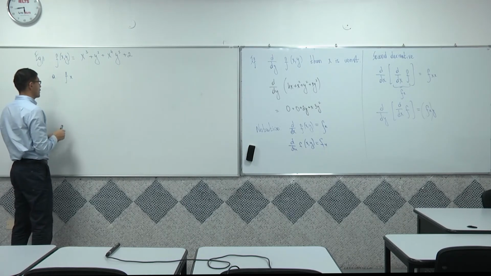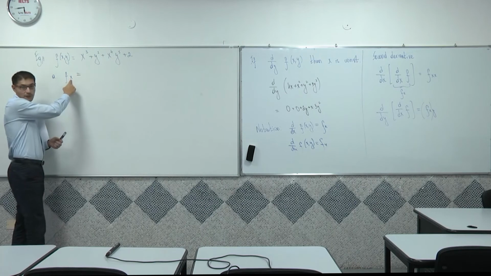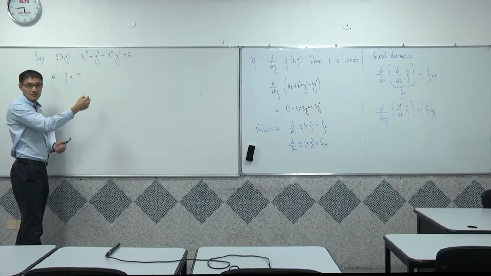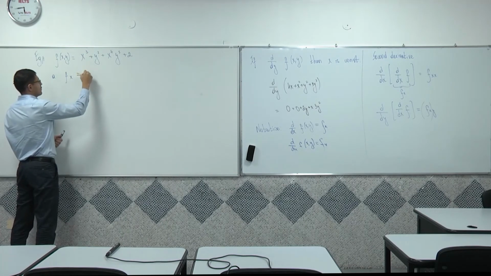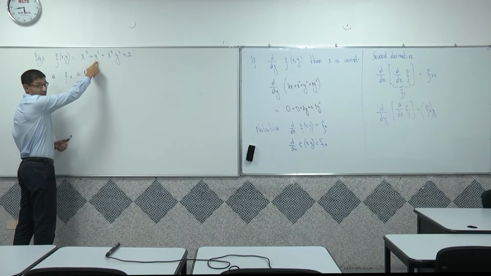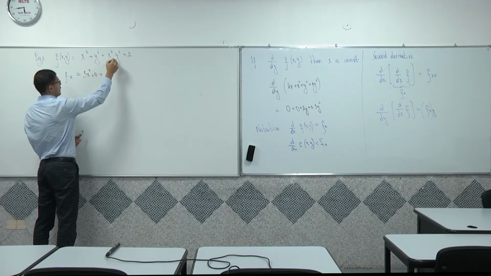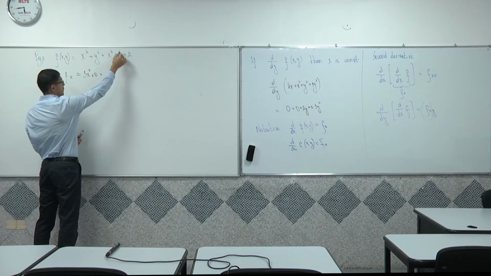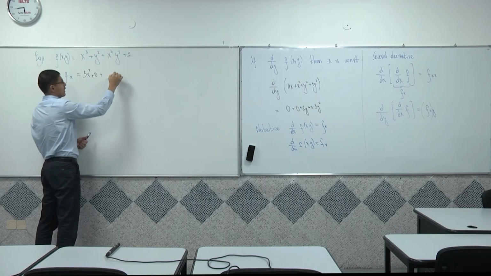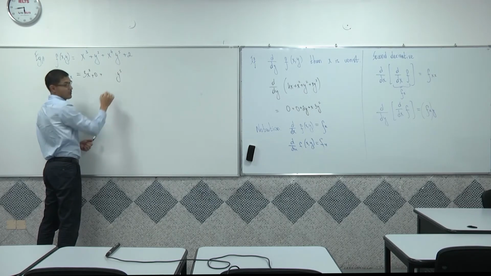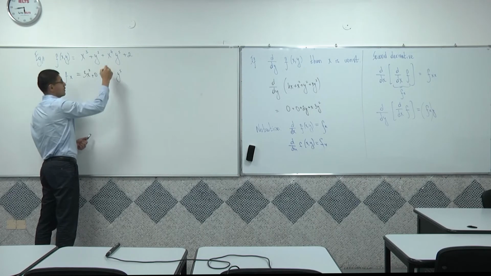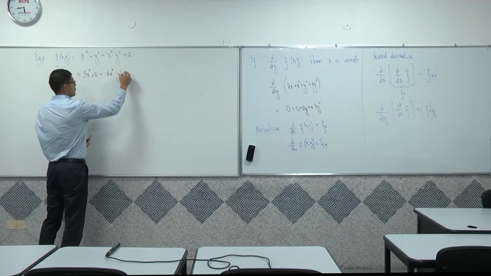It means we have to calculate the derivative with respect to x, and y will be constant. So what do we get? 3x squared. This is a constant, so you get 0. Here y to the 5 is a constant, but it's multiplied, so we keep it. We only take the derivative of x to the 4, which becomes 4x cubed. And then the 2 is 0.